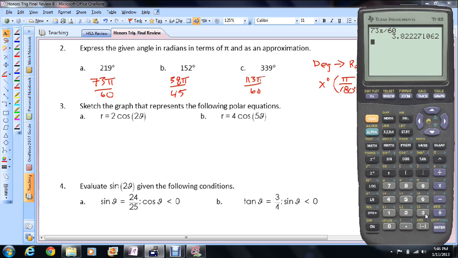I'm also going to do 38 pi divided by 45, so you can jot that answer or see if you had the correct answer, 2.65. And our final approximation would be 113 pi divided by 60. So you can jot each one of those down as well, since the question did ask for the answer in terms of pi and the approximation.